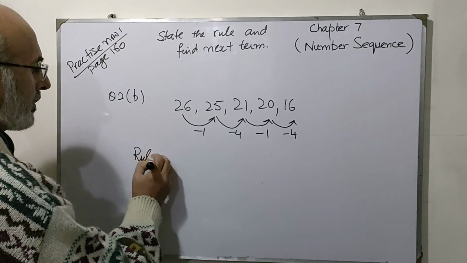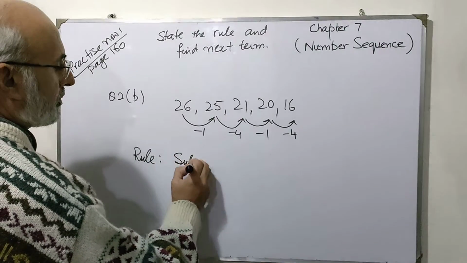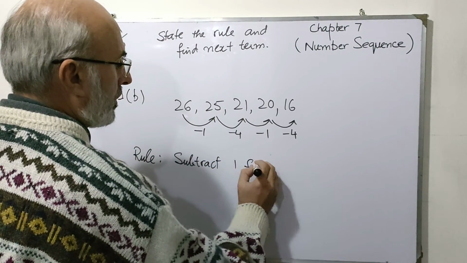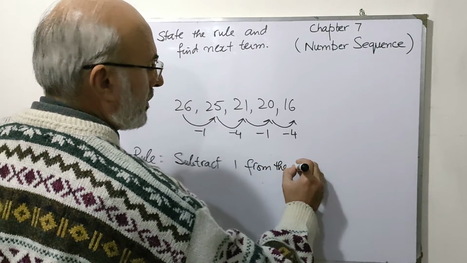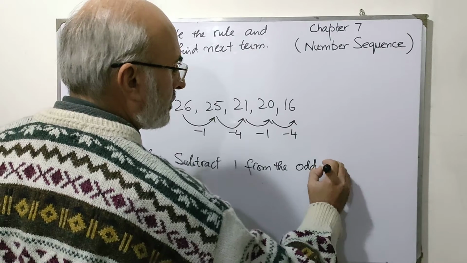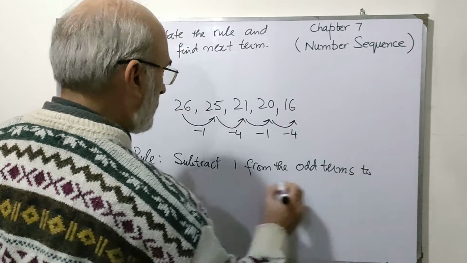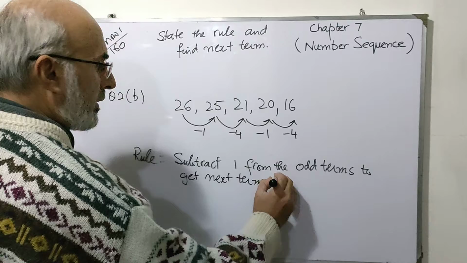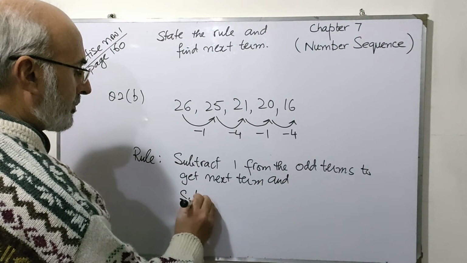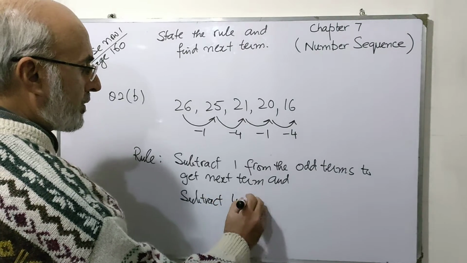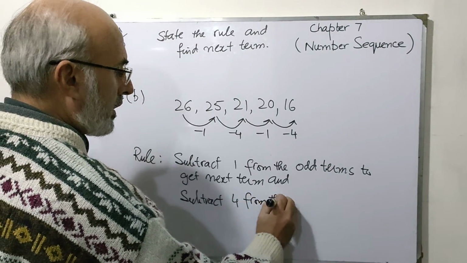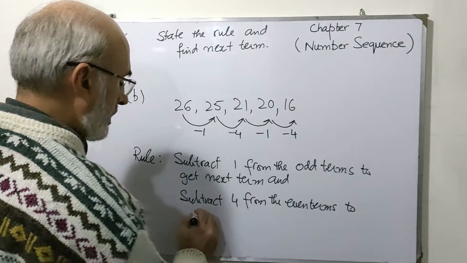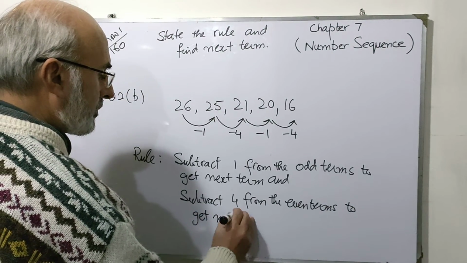The rule: subtract 1 from the odd terms to get the next term, and subtract 4 from the even terms to get the next term.